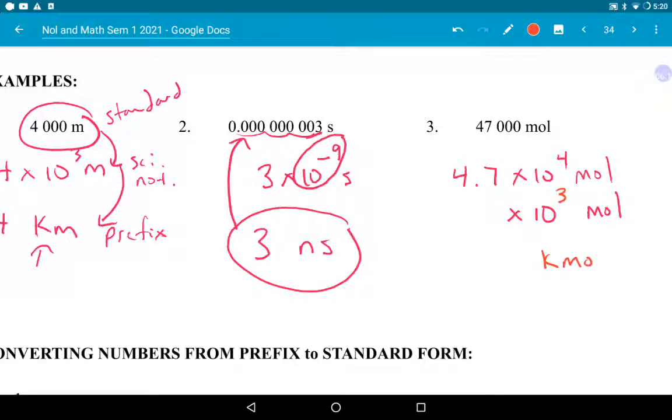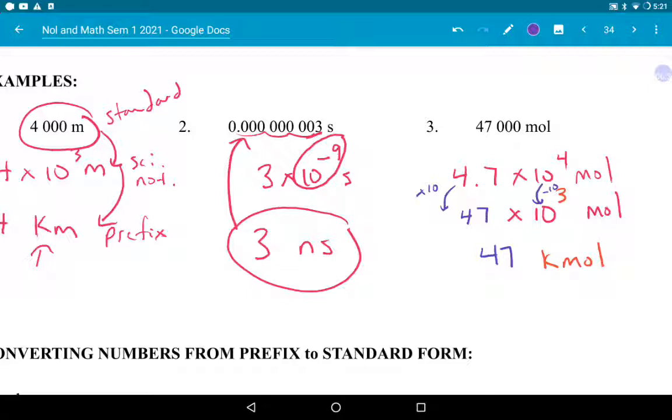So I can write it like this. But if I've changed this, if I've divided this by 10 to make this exponent 1 smaller, what I have to do is balance it and times this by 10 to make it 1 power of 10 larger. So my answer is 47 kilomoles.